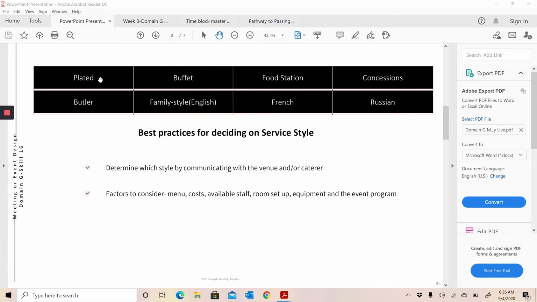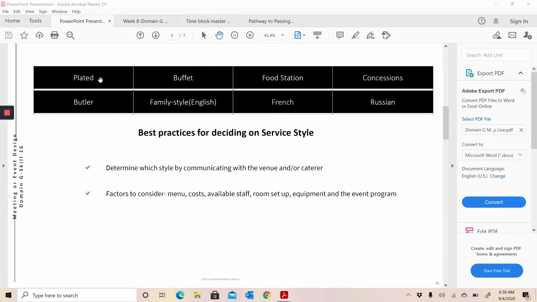And then last but not least, the Russian style. This also is for the smaller groups, where the items are placed on the guest plate right there at the table. So instead of having them plated back in the kitchen and servers serving you the plates, your plates are already preset, and then the server takes the food and puts it onto the plate.